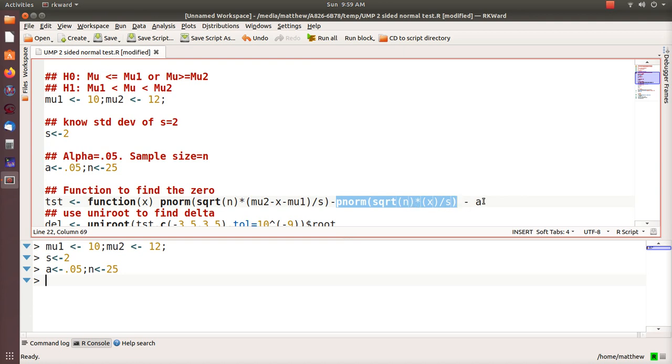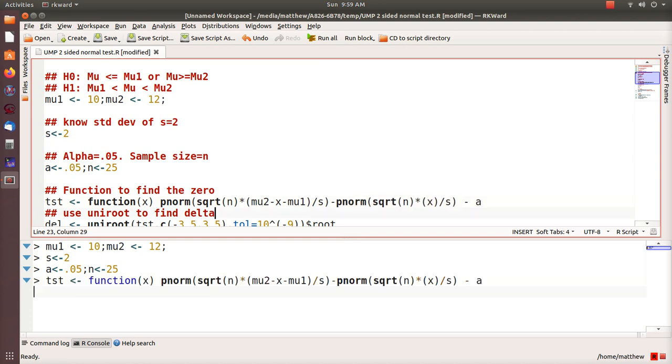And minus alpha, we want that difference to be zero, so we want the area in the critical region to be alpha. We're trying to find this x value, which in part 1 we called delta, that helps us solve the simultaneous equations. That's why we subtract alpha here.